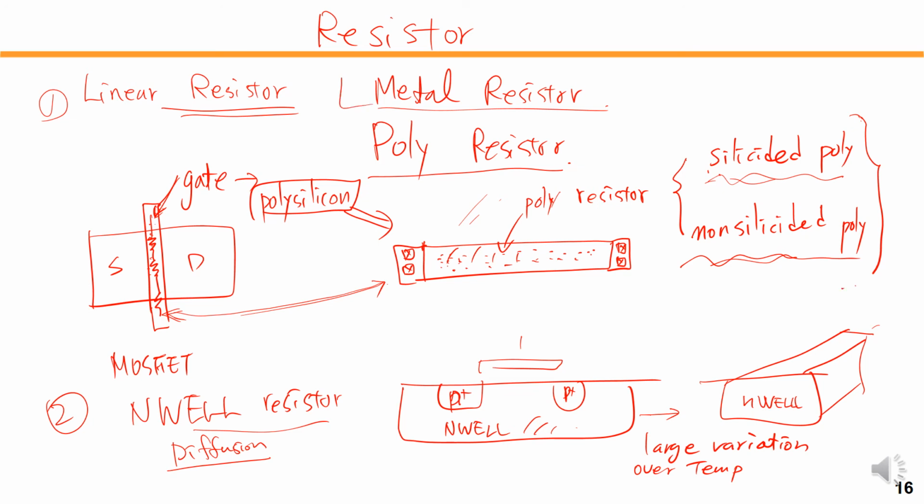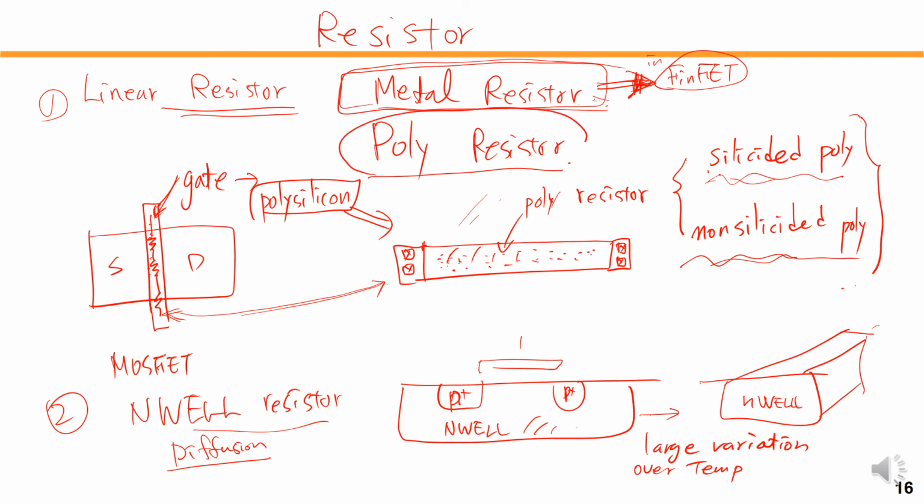Sometimes if you want a very low resistance value, you may use the metal resistor. Nowadays, some FinFET processes provide a metal resistor, but mostly the metal resistor has a very small resistance, so as circuit designers we may not prefer to use that.